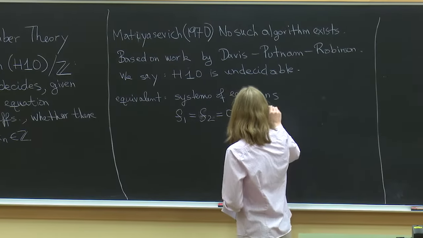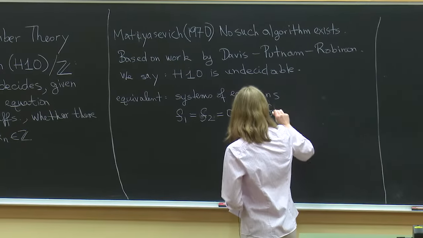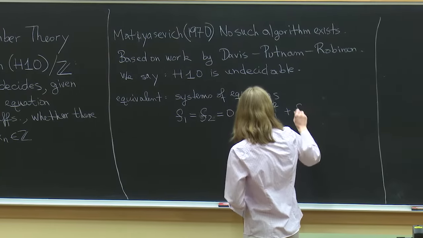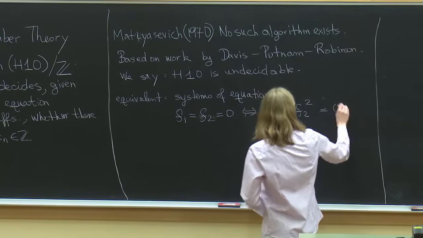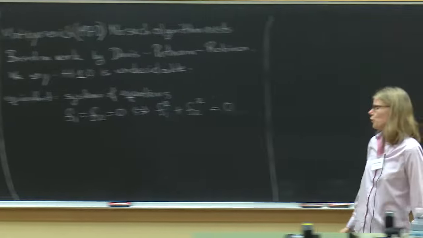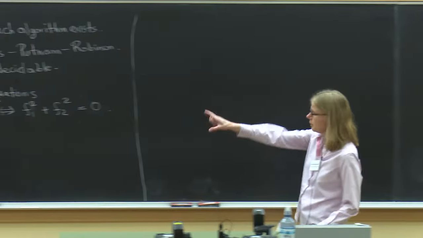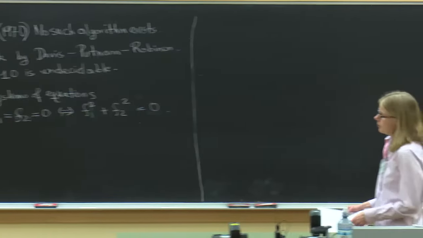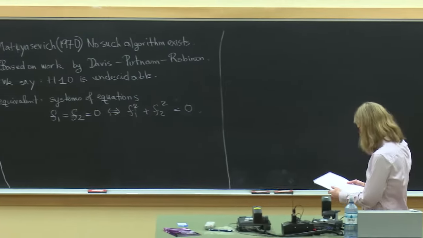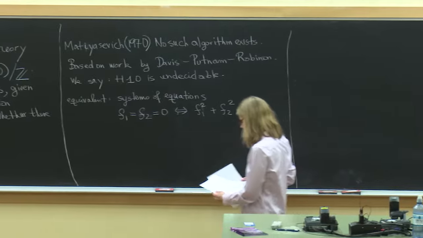Well, that's the same thing as asking that the sum of the squares have a 0. So you can also transform systems of equations into one. So you can also think about the problem as asking about systems of equations.